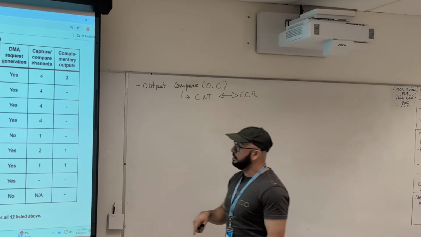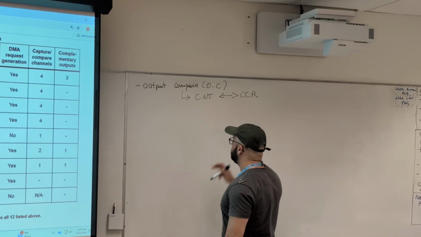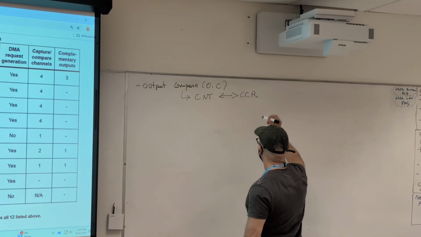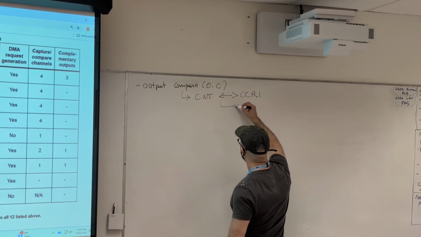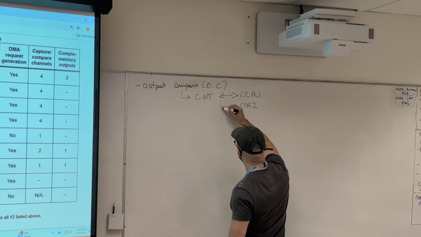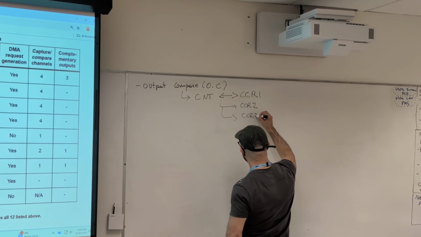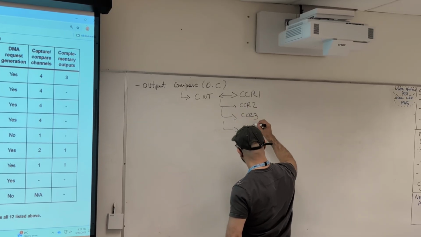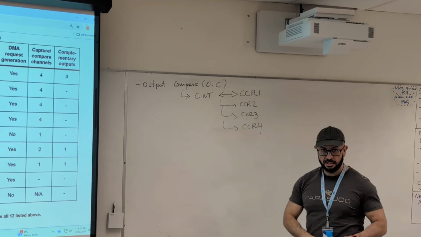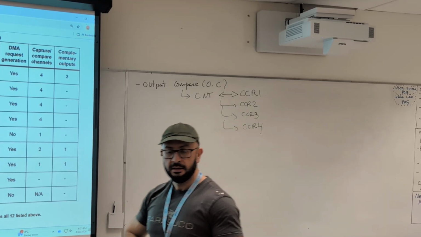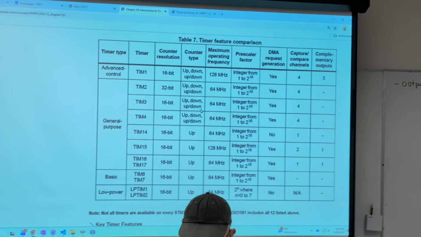Okay? And obviously, these capture compare registers can be named as capture compare register 1, capture compare register 2, capture compare register 3, or capture compare register 4.